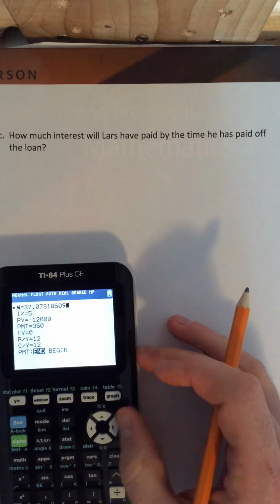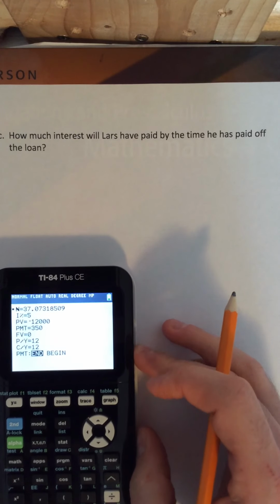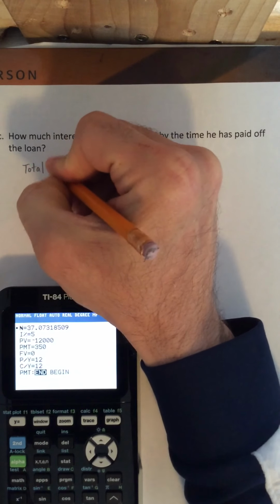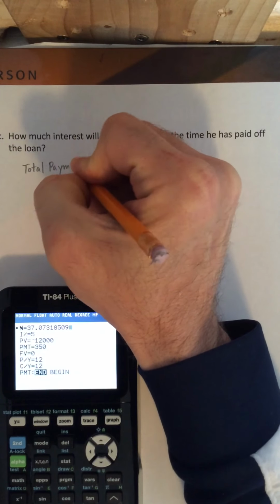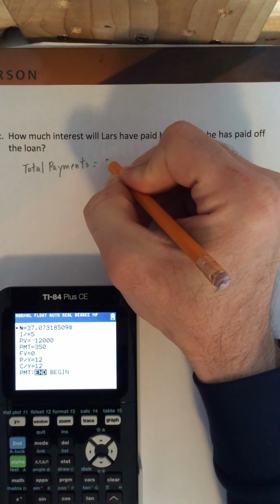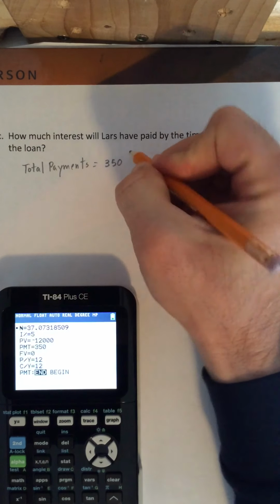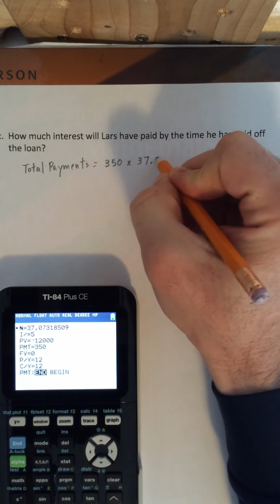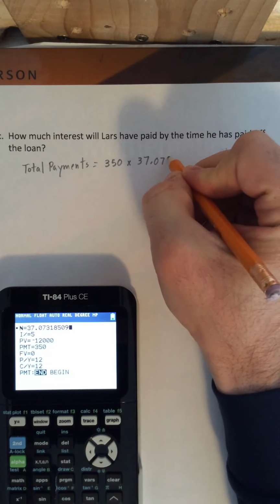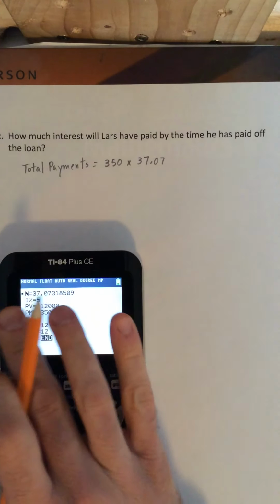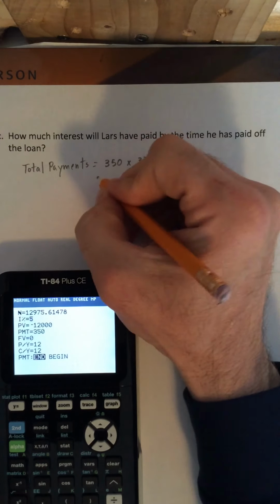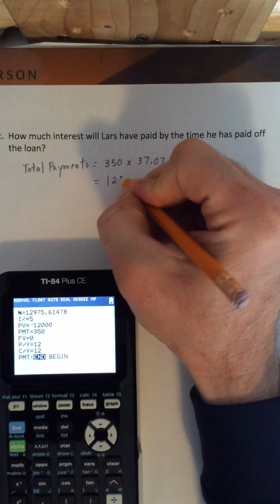And what you can do to figure out the total amount that he pays is multiply, since he's paying $350 every month for 37.07 months. I'll just leave this in the TVM solver and multiply 350 at the end of this.